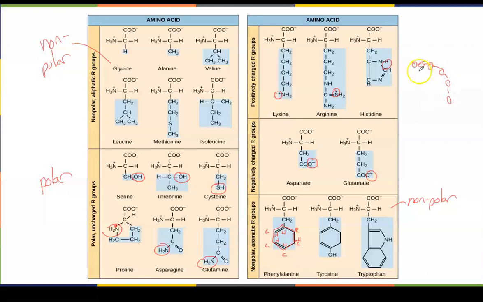And if somewhere on the string we have a positive charge, let's say right up here, and elsewhere on the string we have a negative charge, then those charges can attract to each other, and that can influence the bending of the molecule, and it can create a bond, in this case an ionic bond, between two different R groups that will help keep the shape of the molecule in place. So that's part of why these positive and negative charges are important.